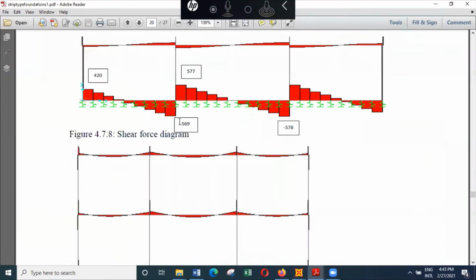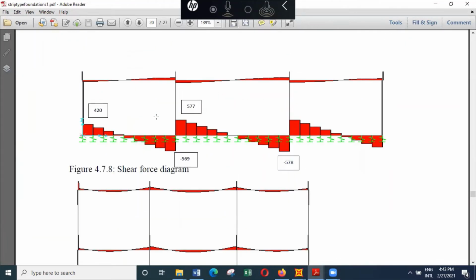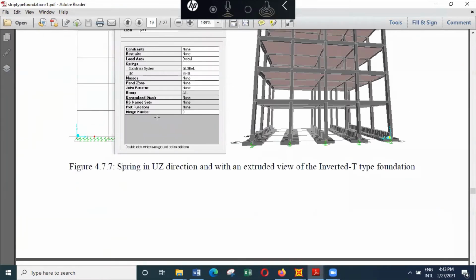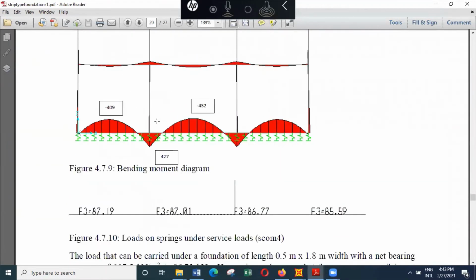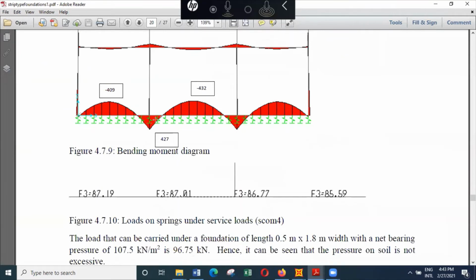So you can see the shear force diagram, and on this side you get 577, 578 and so on. So you have a shear force diagram and a bending moment diagram, and if you want you can go with the bending moment envelope and the shear force envelope as well.